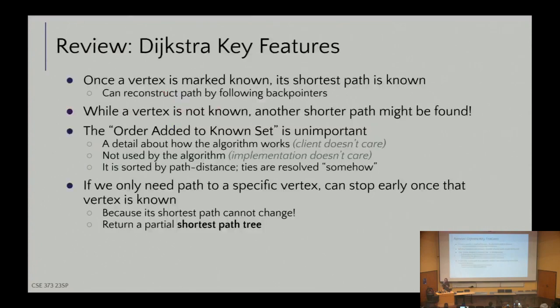Okay, let's talk about this negative edge weights thing. We did see a little bit of this on Friday. So the key things to remember about Dijkstra's is, yes, once a vertex is marked as known, that means its shortest path is known. As we build up through Dijkstra's, we use the weights to keep track and make decisions on where we're going to go, but we keep track of this thing called back pointers.